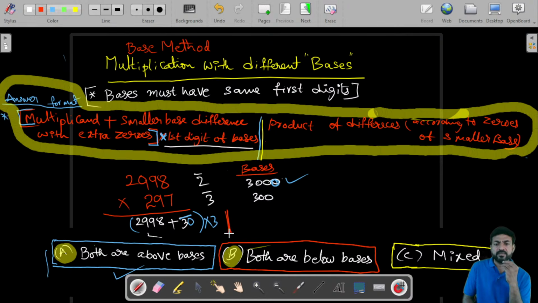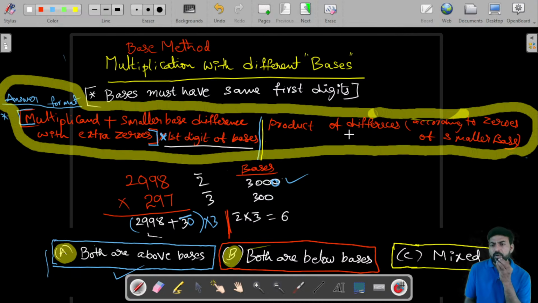Remaining part: product of differences. What is the product of differences? -2 and -3. So 2 threes are 6. Negative number into negative number gives you a positive number.